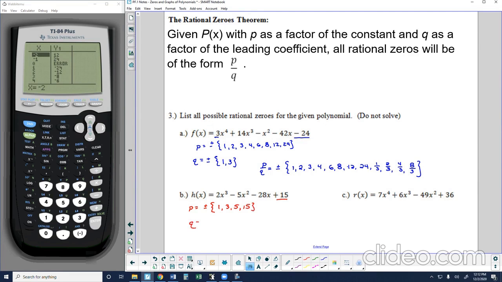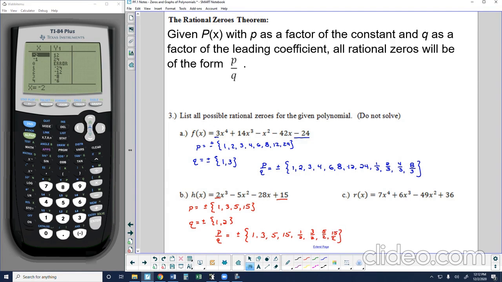Q would be factors of the leading coefficient. So in this case, plus or minus 1 and 2. So my possible rational roots would be P over Q. So all of these numbers that are in the list of P over each of the numbers in the list of Q. So 1 over 1, 3 over 1, 5 over 1, 15 over 1, then 1 over 2 or 1/2, 3 over 2, 5 over 2, or 15 over 2.